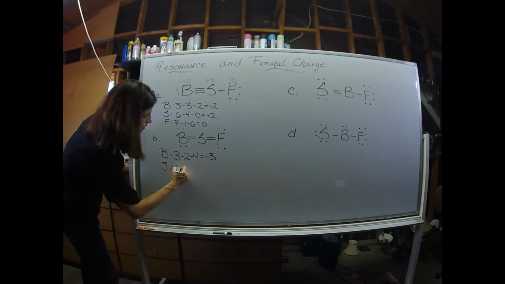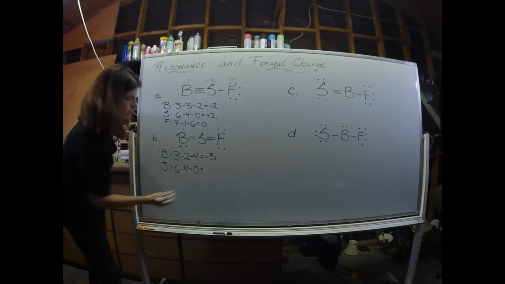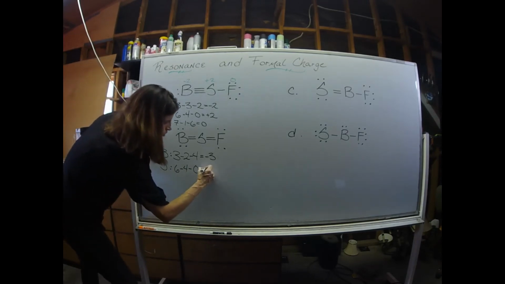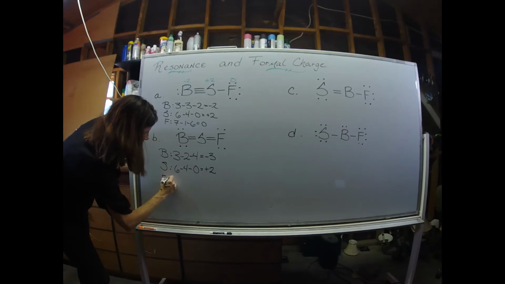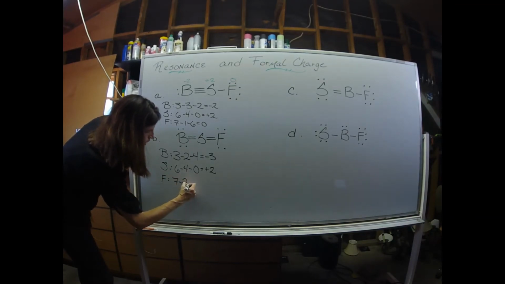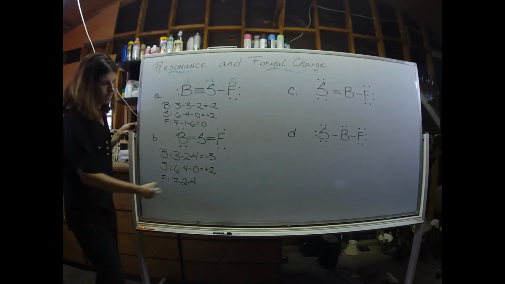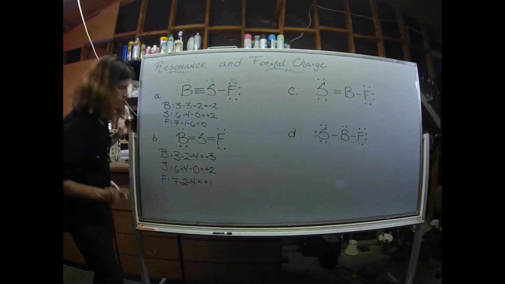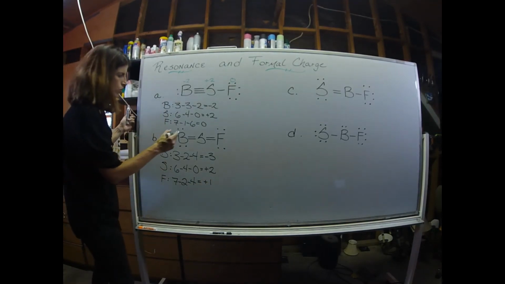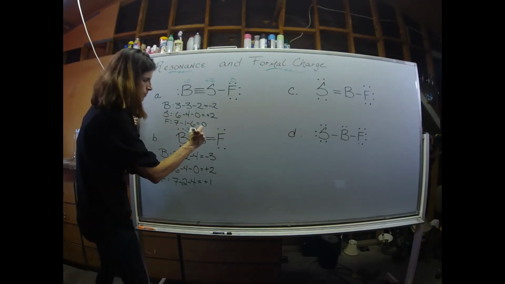Sulfur, 6 minus 4 lines minus 0 dots. So we're going to have a +2 on the sulfur. And then fluorine, group 7, minus 2 lines minus 4 dots. So 7 minus 6, we'll have a +1 on the fluorine. And let me just write those in next to the atoms themselves.